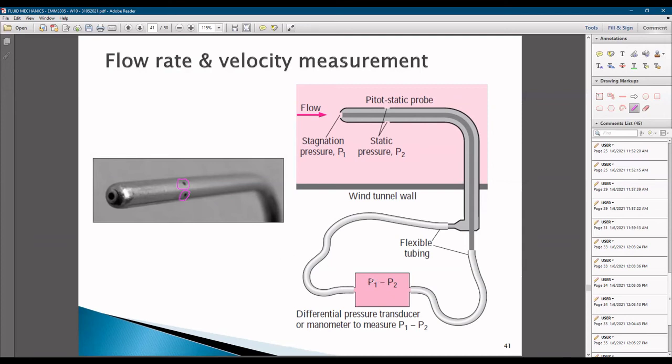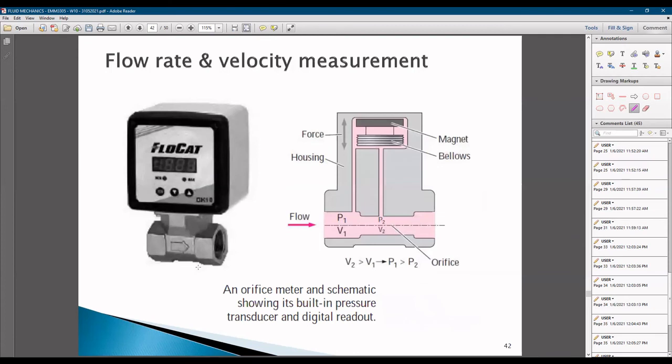Take the difference between what is measured here and here, and you get the dynamic pressure, from which you can obtain the velocity of the fluid inside a pipe or a wind tunnel, or you can put this probe on a car or an aircraft to measure the speed.